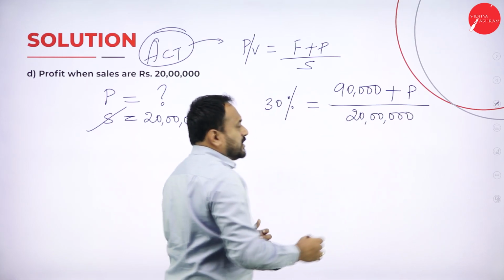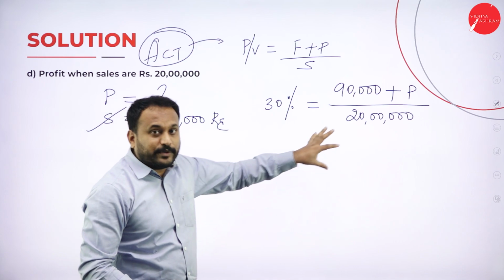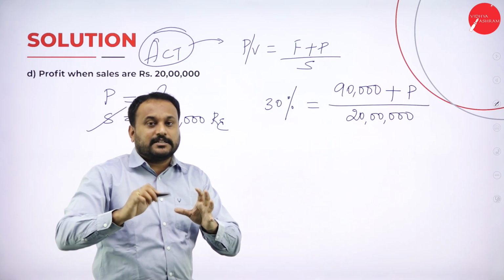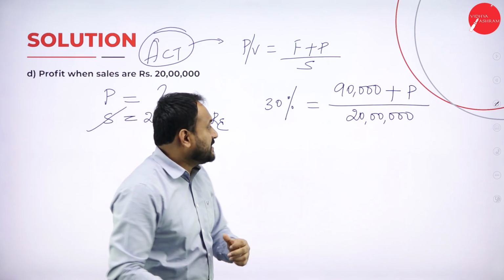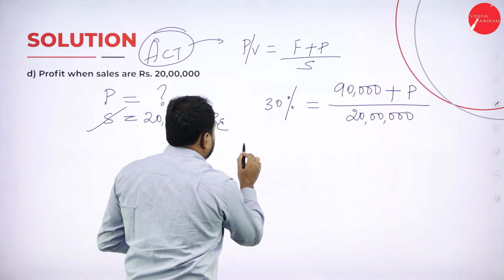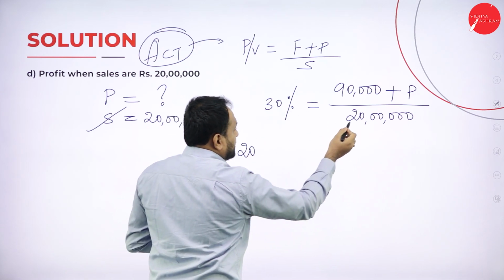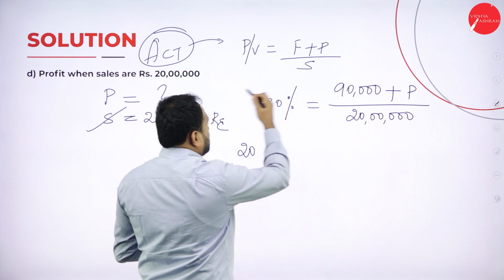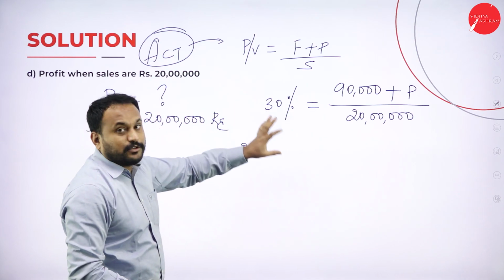Now it is all about the cross multiplication. Please understand this, many of you commit mistakes. Whatever is in the dividend goes to the numerator on the other side.